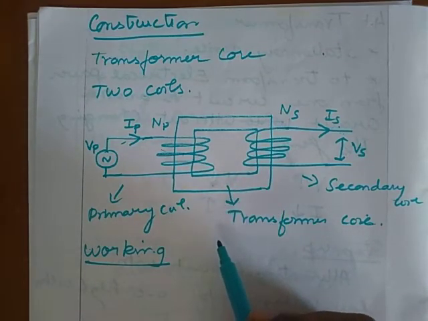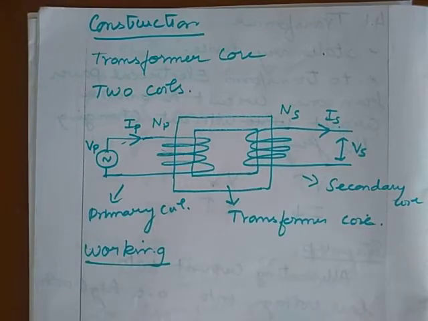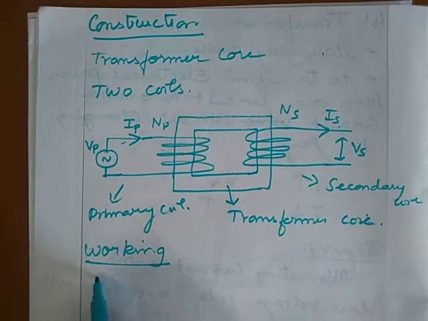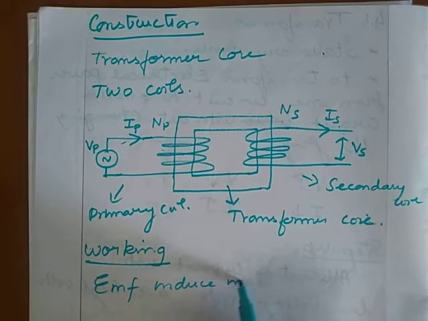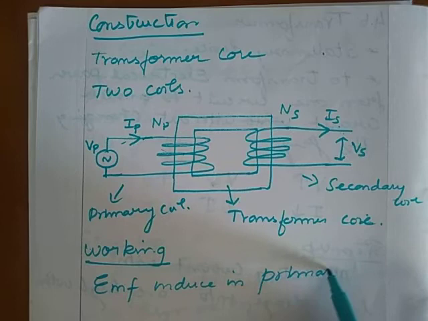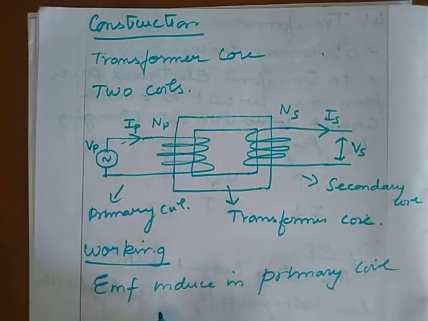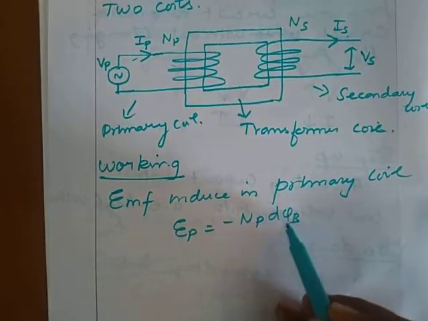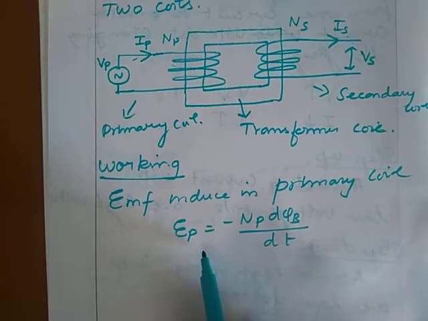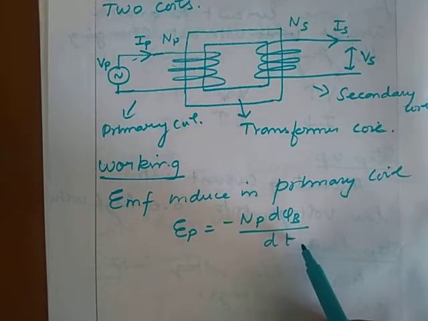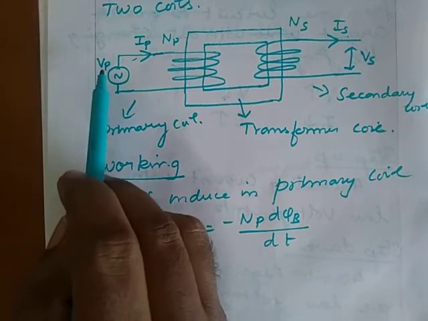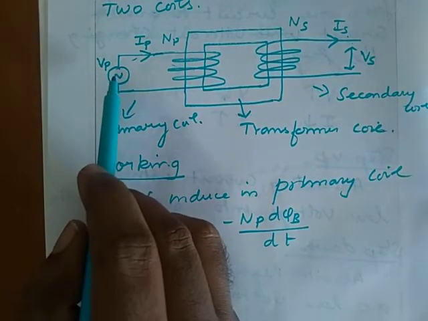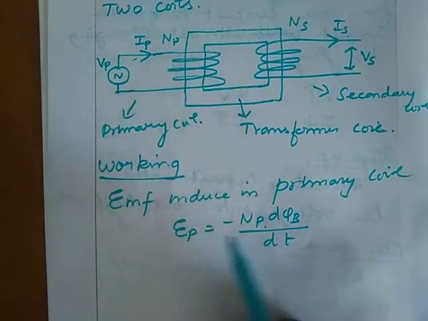For the primary coil, the EMF induced in the primary coil, ε_p, is equal to minus N_p dΦ_B/dt. This is the EMF induced in a primary coil. Here the applied voltage, V_p, across the primary coil is equal to this EMF.